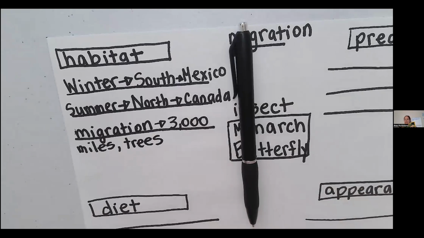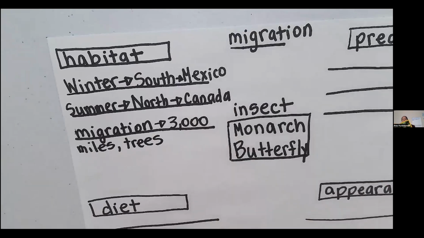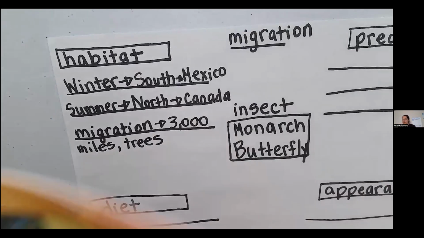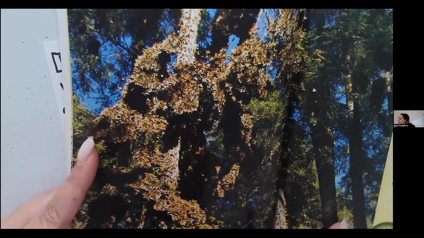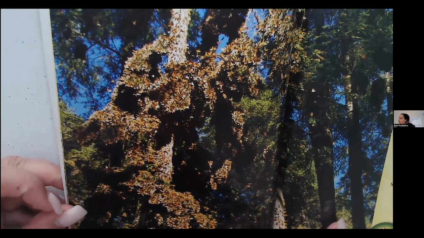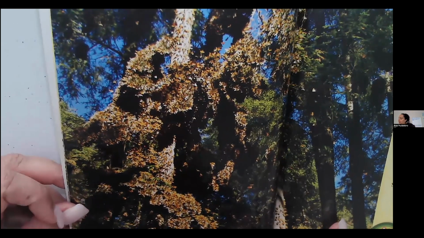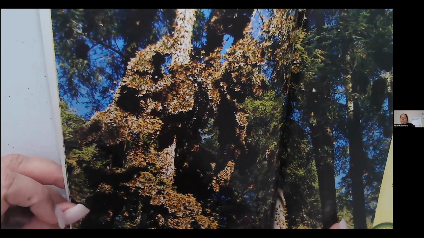Yes. Okay. Oh no, but this is not while they're migrating. Let me show you a picture here. Here's a picture of a bunch of butterflies. This is actually in Mexico in the winter in Oyamel forests of Mexico.